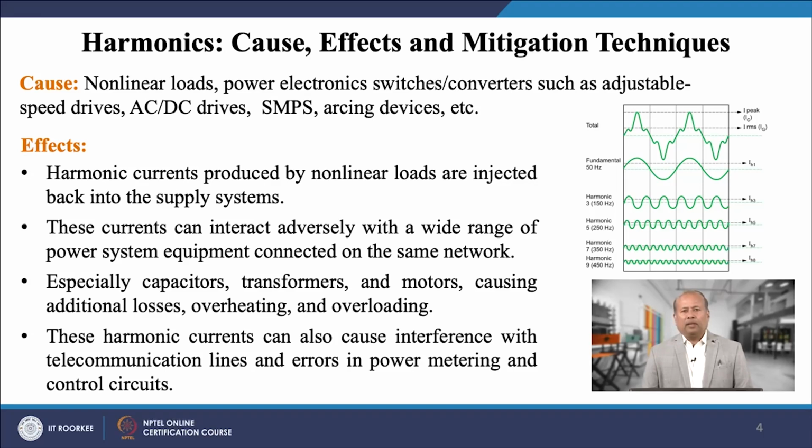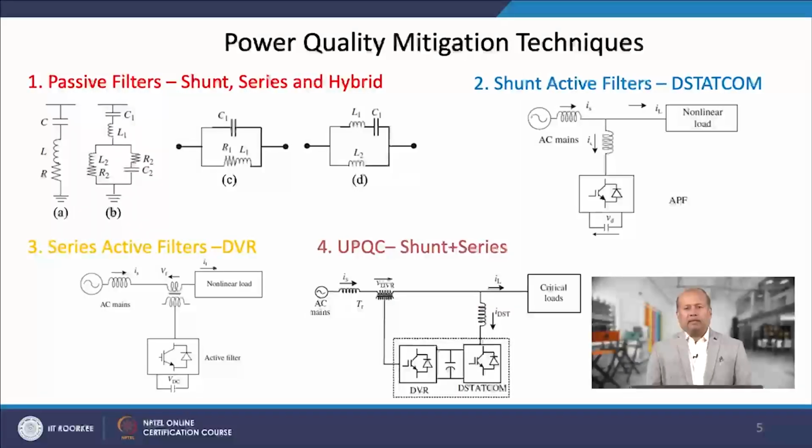Therefore, in order to compensate the harmonics, a number of mitigation techniques are available in the literature. They are passive filters, series active filters, shunt active filters and the unified power quality conditioner.